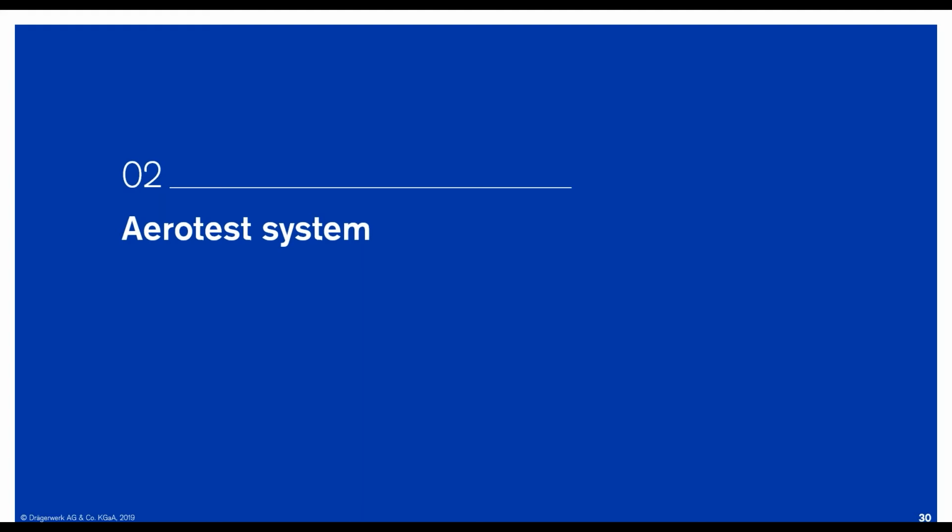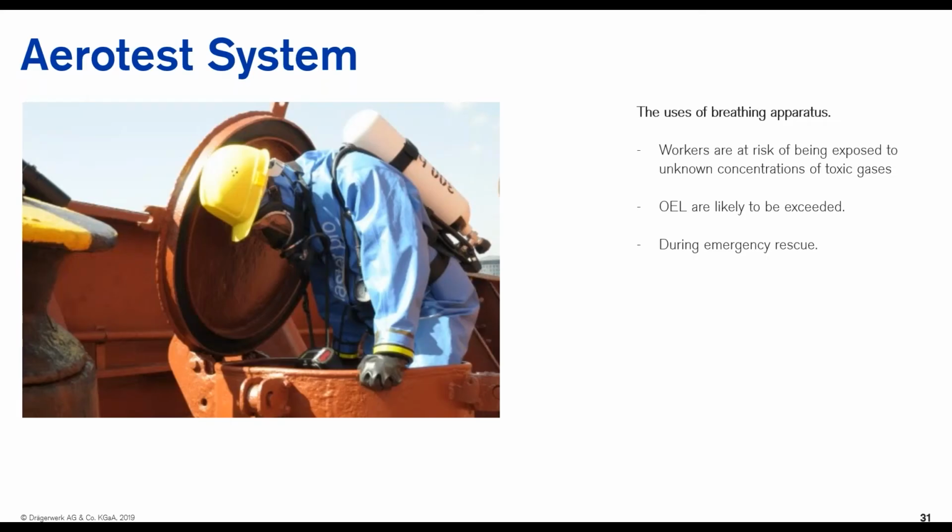Before we go into what the Aerotest system is, let me share with you about the use of breathing apparatus, and this leads to the Aerotest system. So what's the use of the breathing apparatus?